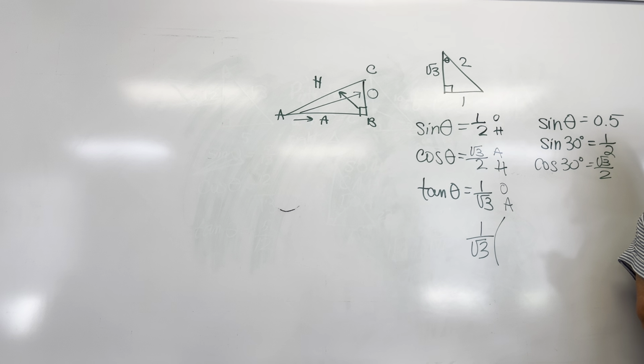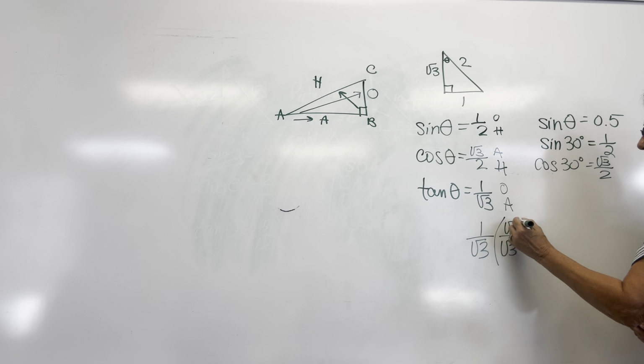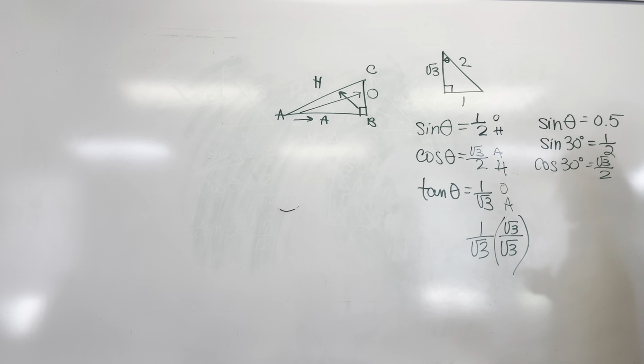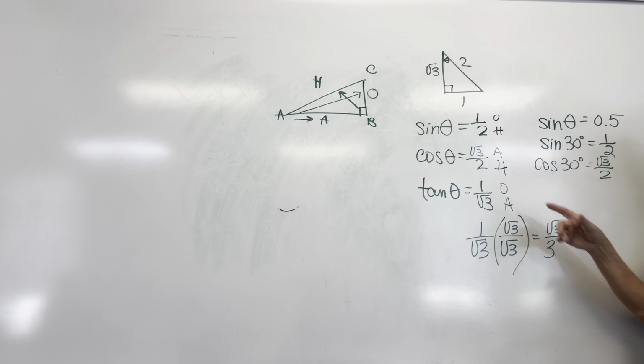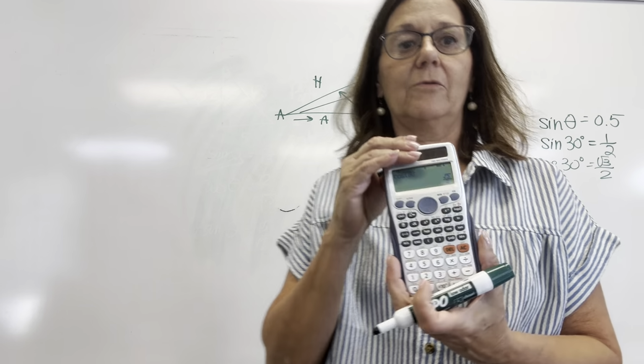Did y'all do any of that last year? Okay, well, I'm going to just show you real quickly. We multiply by the radical over itself. So that becomes square root of 3 over 3. Because that's the answer the calculator is going to give you. Let's do this: do 1 divided by square root of 3 in your calculator and hit equals.